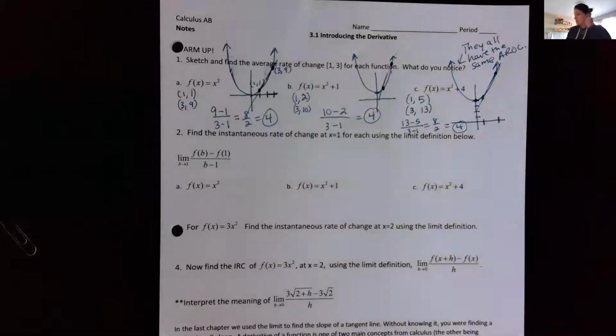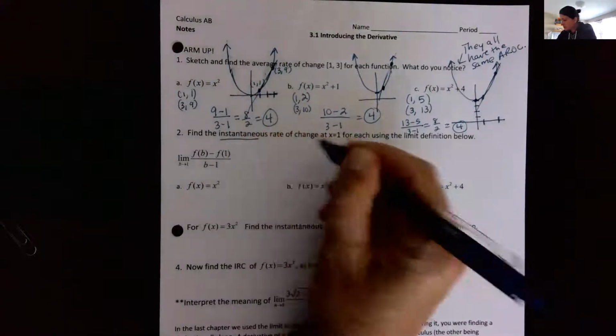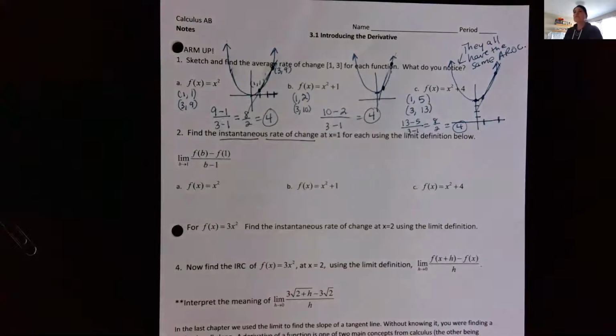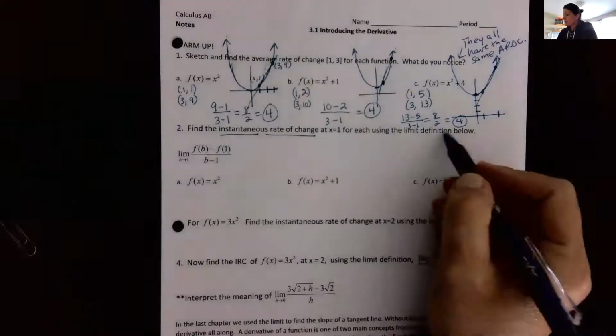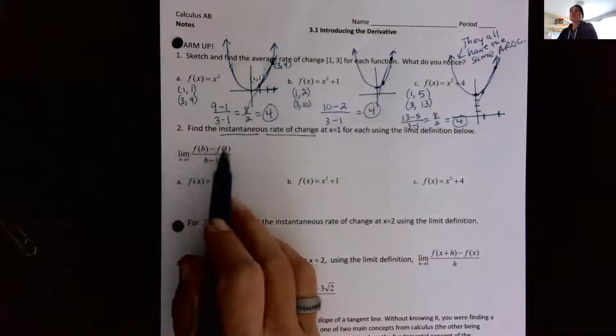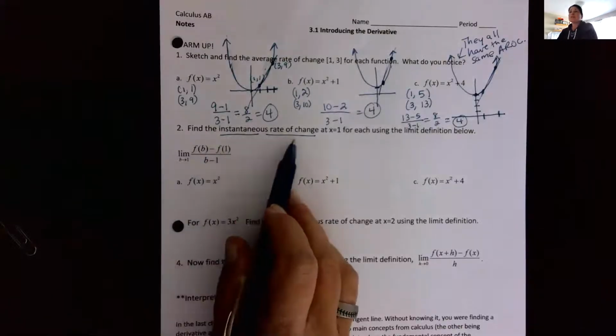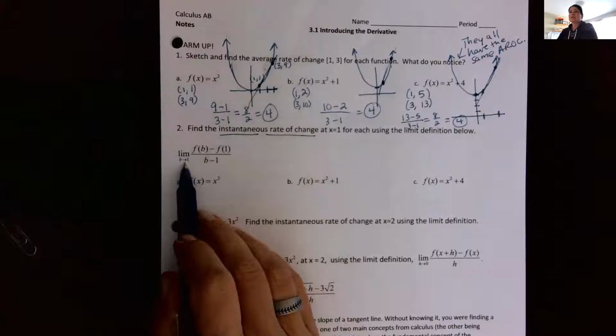All right, the next one. Find the instantaneous rate of change at x equals 1 for each of the following using the limit definition below. Okay, so a limit definition implies that there is some sort of limit notation to what we're doing. Now, instantaneous rate of change and a limit definition.